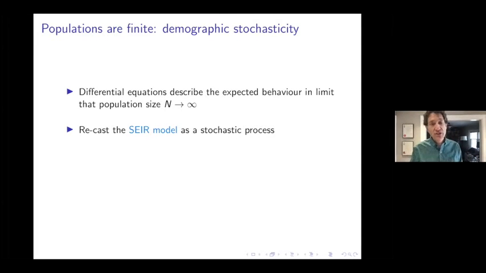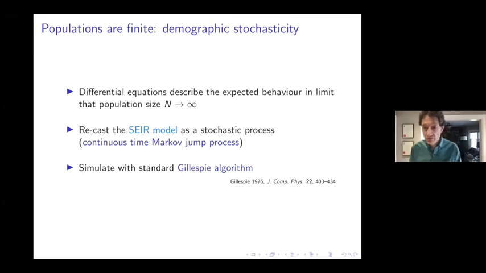It's much harder to do analytically, but with simulations we can easily look at what happens for population sizes and parameters that are relevant to the real world. There's a standard simple algorithm for doing that, which I won't go through in detail, but I'll show you what the outcome is.